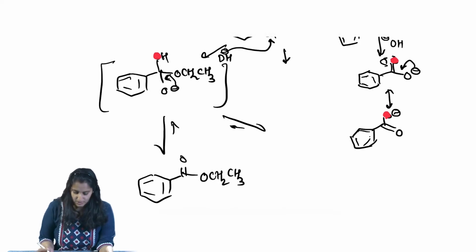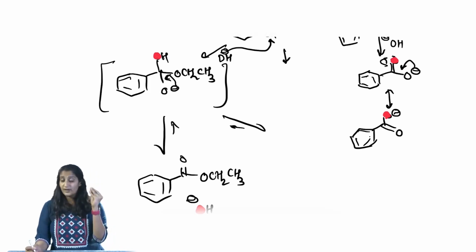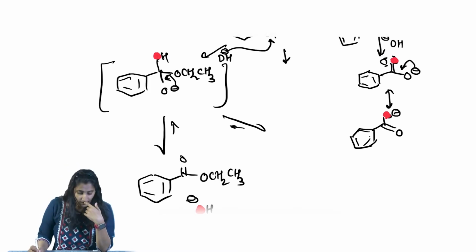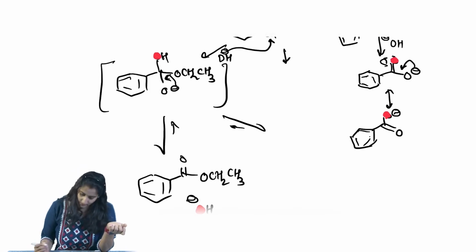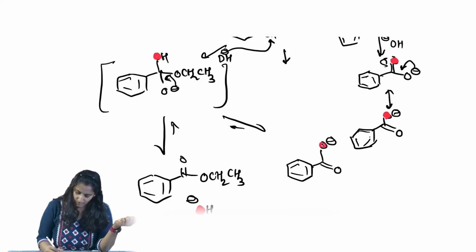Okay, so, that is one possibility wherein the leaving group is this particular OH minus. So, now you have kicked out an O18 hydroxide, and the other possibility, as we were discussing, is that ethoxide gets kicked out. So, you have this, which is the same molecule as the earlier one.